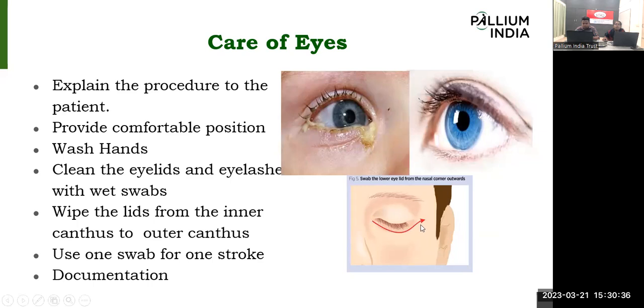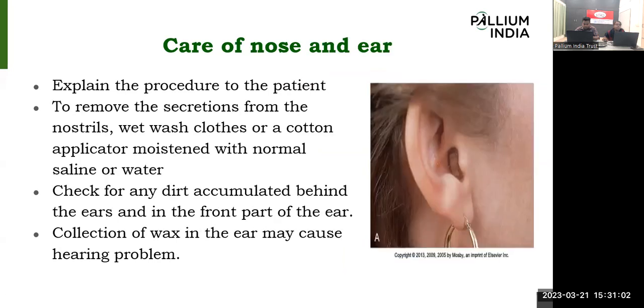You have to tell them all these things, and when they clean, they have to use one swab for one stroke. That is also important. Otherwise, they will use the same swab for different strokes, and that can cause infections. And after that, they have to document well. Again, if the patient is in the hospital, we have to document it well.